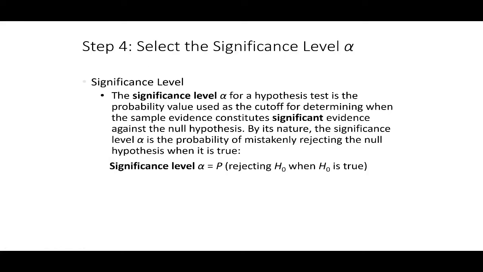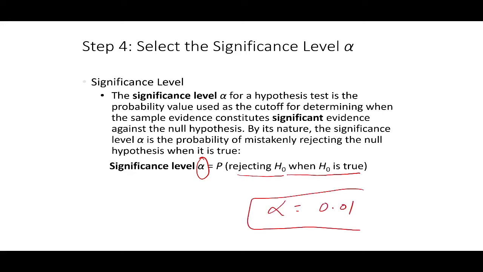After that, we use the significance level, which we denote by alpha. This is actually the probability of rejecting the null hypothesis when the null hypothesis itself is true. So for example, let's say alpha is 0.01. Then the probability of rejecting the null hypothesis while it is true is 1%. So if you want to make fewer mistakes, then this alpha value should be small.